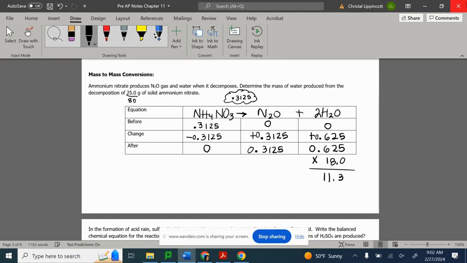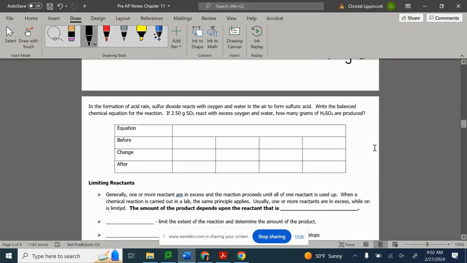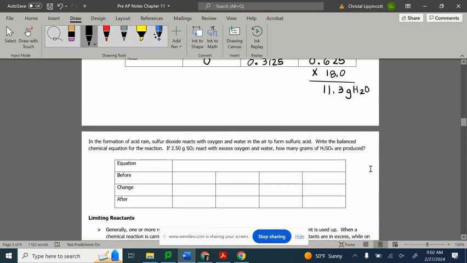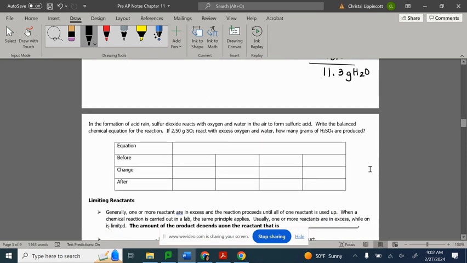Because I have 3 sig figs here in my measured amount. This is going to be 11.3 grams of water, and that's going to be my answer. Good? All right. So, are you okay with that? Did all of that make sense? Anybody need me to do this next problem, or can I skip to the new topic today?